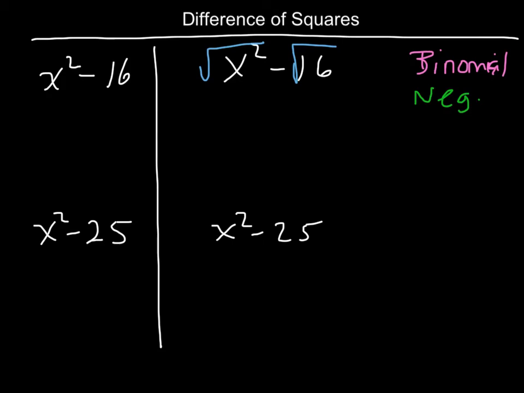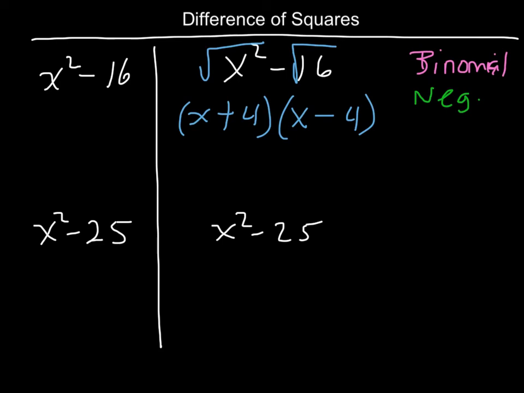If both a and c are perfect squares, then you can take the square root of x squared, which is x, and the square root of 16, which is 4, and you do that again, x and 4. The only thing you have to do is make one of these positive and the other negative. So the factors of x squared minus 16 are x plus 4 and x minus 4.